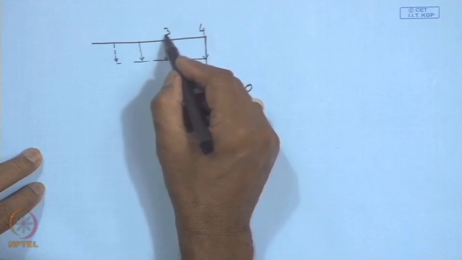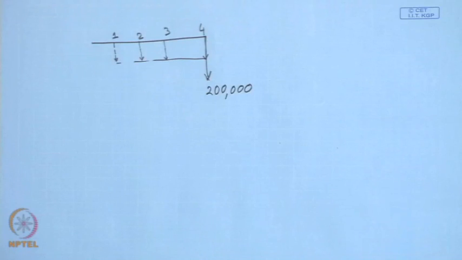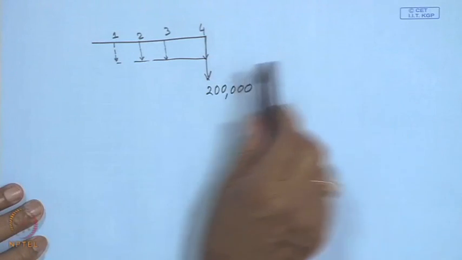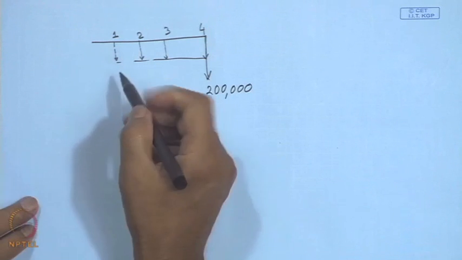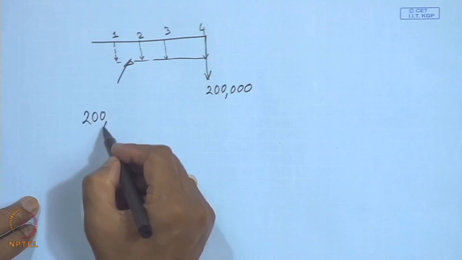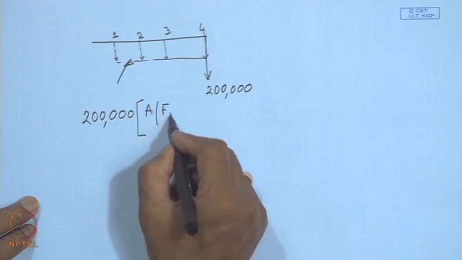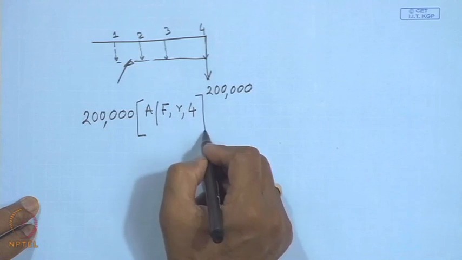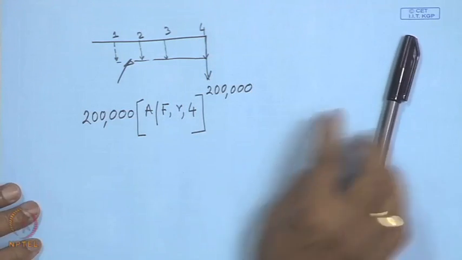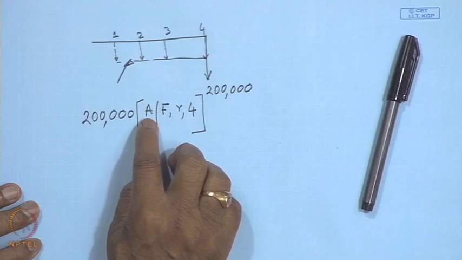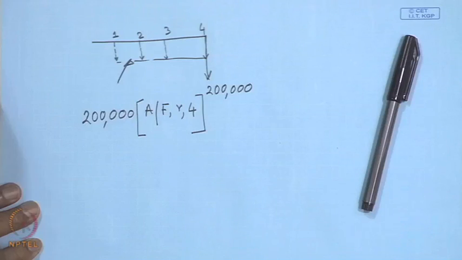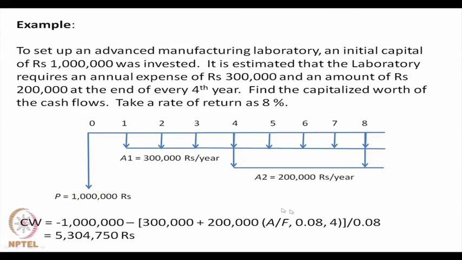This is 4, 3, 2, 1. So, the equivalent annuity for this 200,000 will be given by 200,000 multiplied by (A given F, R, 4). This is the sinking fund factor, the equal payment series sinking fund factor. So, that is A given F, R equal to 0.08, 4. This is the equivalent annuity of a payment of 200,000.